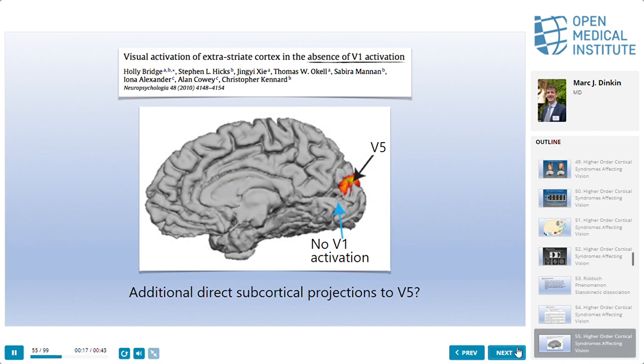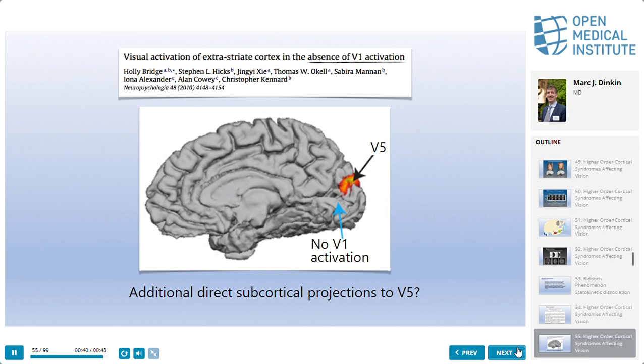How is V5 getting the information if V1 is gone? What do you think? How does the movement area light up if the occipital cortex is not lighting up? Where is it getting the information from? Well, we don't know, but there must be some other cortical projection to V5.